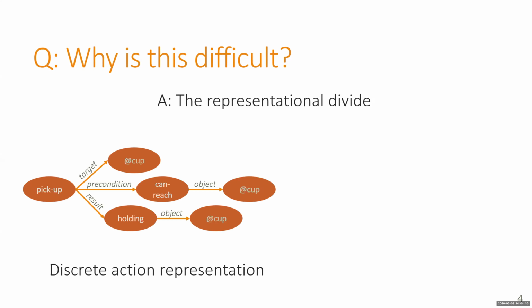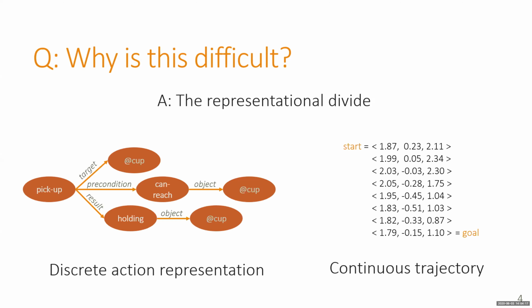It's a very high-level view of the action with no geometric information about the trajectory. On the other side of the divide, the motion planner represents trajectories continuously. And so they might look something like this, where it's a sequence of joint positions for the arm to get from the robot's start position to a goal position.